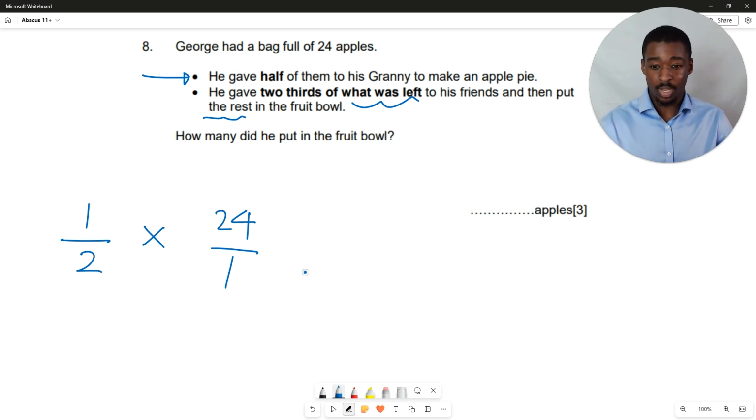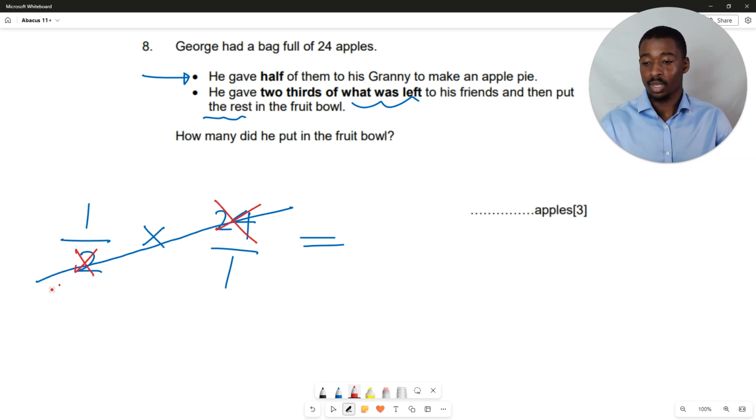Here, we can work out how many apples he gave to his granny, because we can simplify this equation by cancelling along this diagonal. Why? Because we have a common factor of 2. 2 goes into 2, and it also goes into 24. It goes into 2 once, and into 24 12 times. So here we have 1 over 1 times 12 over 1, or just 12. So he gave 12 to his granny.